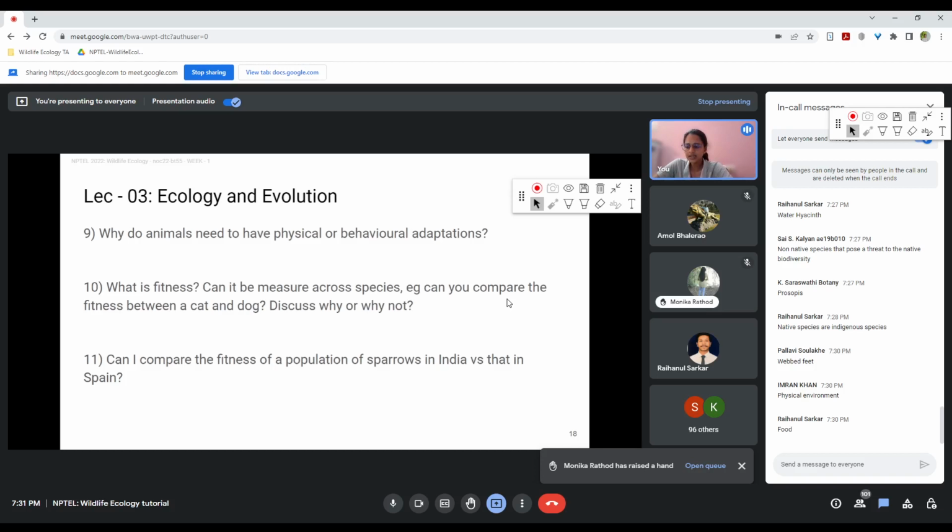So what actually are their adaptations for migration? What do you think happens in these birds? Any guesses of what behavioral or even physical adaptations they need to migrate?